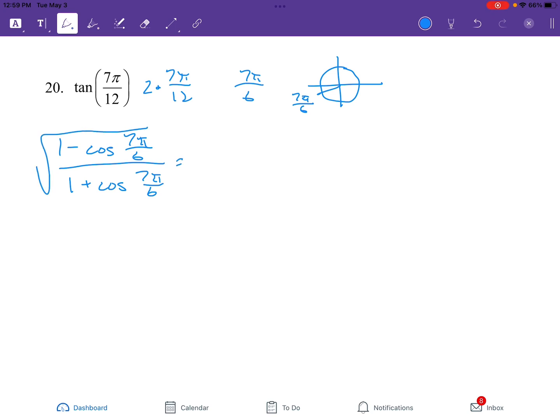So 7 pi over 6 and cosine would give you 1 minus negative root 3 over 2. And on the bottom we'd have 1 plus negative root 3 over 2.